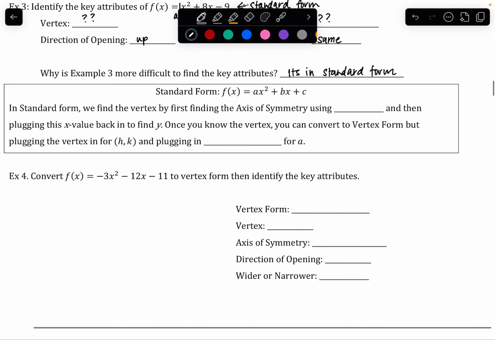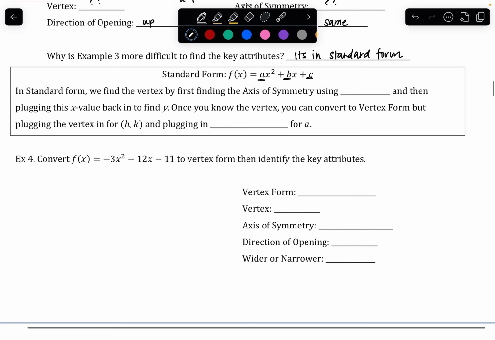Okay, and so here when we have standard form, we have a, b, and c, which is not (h, k). That's not our vertex. And so we can use a, b, and c to find the axis of symmetry using the equation x equals negative b, or opposite of b, over 2a.